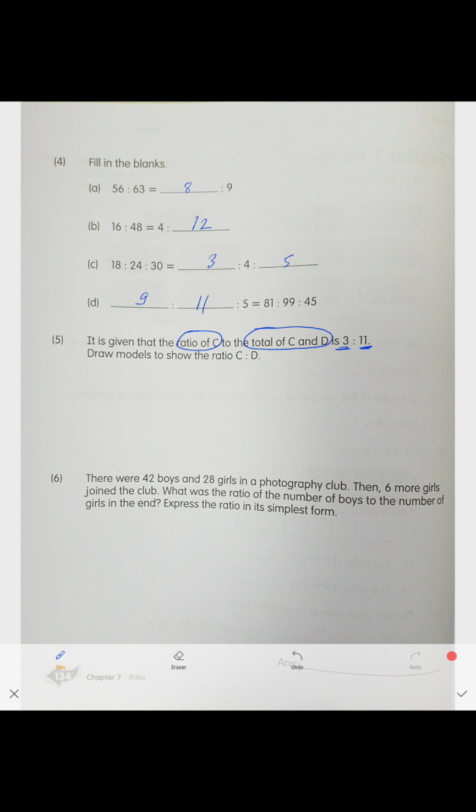So obviously, if C is 3 and the total is 11, then D is 11 minus 3, which is 8. So this is what you draw. C is 3 units and D is 8 units. That's the whole answer.